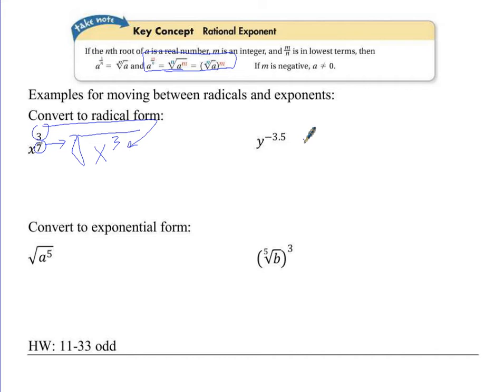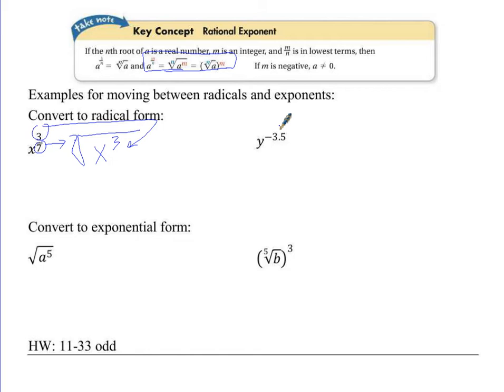This one's a little bit tougher. It's tougher because of the negative exponent, and because of this decimal, and because of what happens when you try to convert it. So let's try to convert this thing. What happens first? I want to turn the decimal into a fraction for sure. But with this negative exponent, what happens?